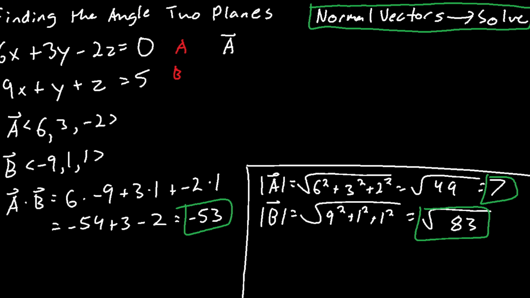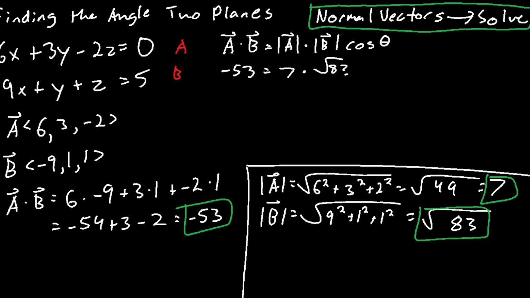Let's write down the formula for the dot product again. It's equal to the magnitude of vector A times the magnitude of vector B times the cosine of theta. Plugging in all the values, we get negative 53 is equal to 7 times the square root of 83 times cosine of theta.